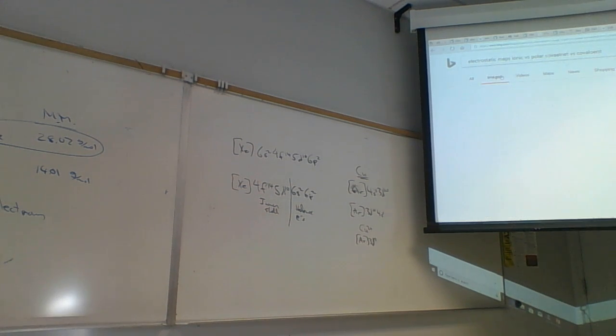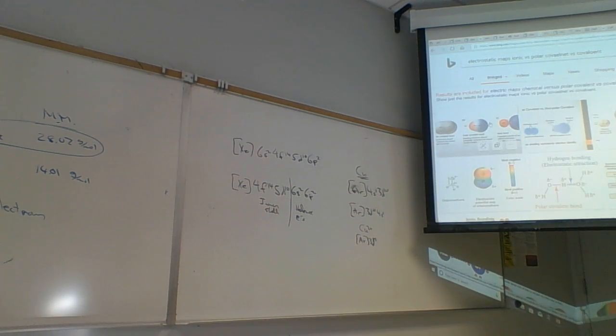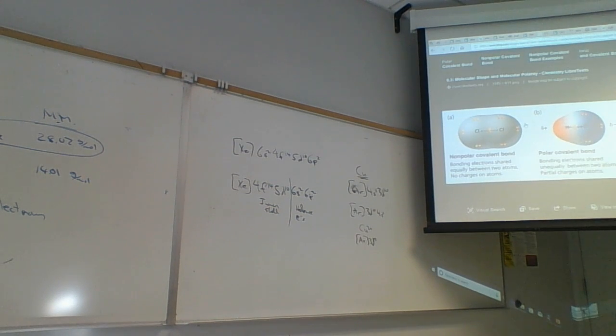Electrostatic map. This would be it, except they got the color coding wrong. Normally I always think of red as being positive and blue as being negative.